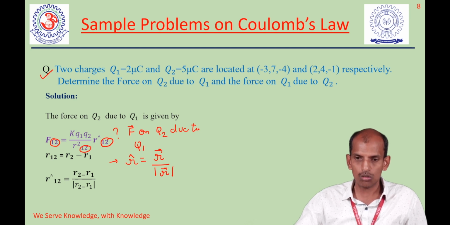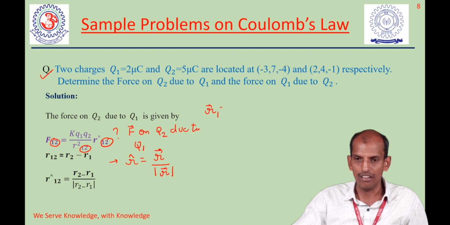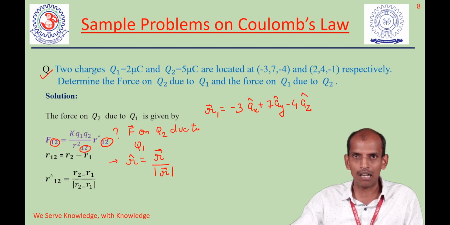So R1 is minus 3 ax hat plus 7 ay hat minus 4 az hat. This is just similar to i cap, j cap, k cap, which you studied at school level.